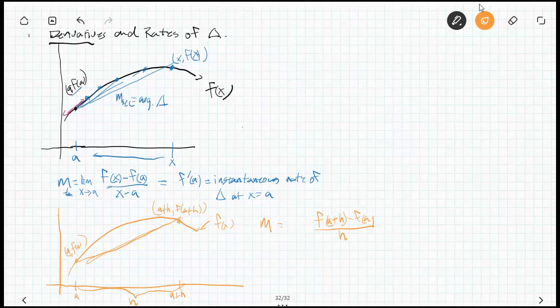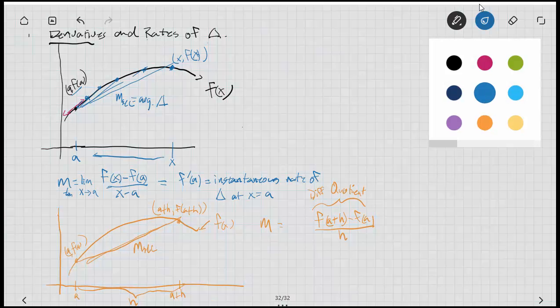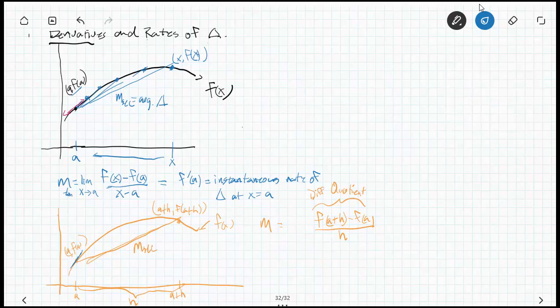Now this little chunk right here, you may have seen this referred to back in pre-calculus as the difference quotient, right? This was the difference quotient. So we use the difference quotient to sort of set up our derivative. Now, what am I doing though? This is the slope of the secant line, right? I want the slope of, let's go back to our blue buddy right here, I need the slope of the tangent line.